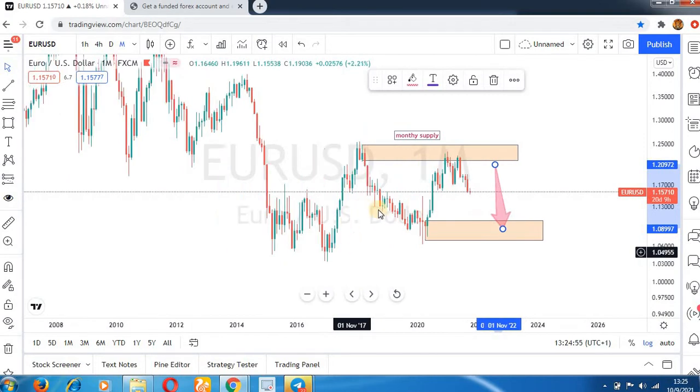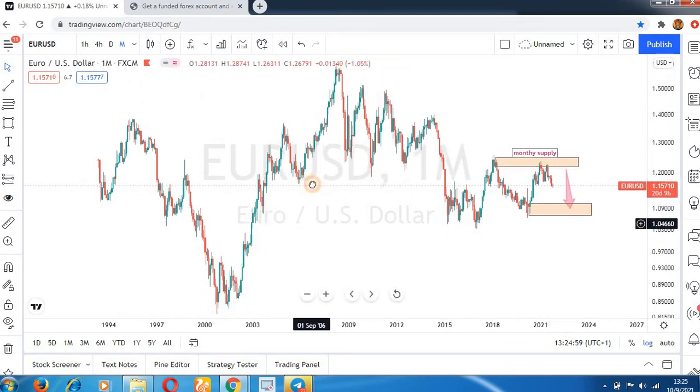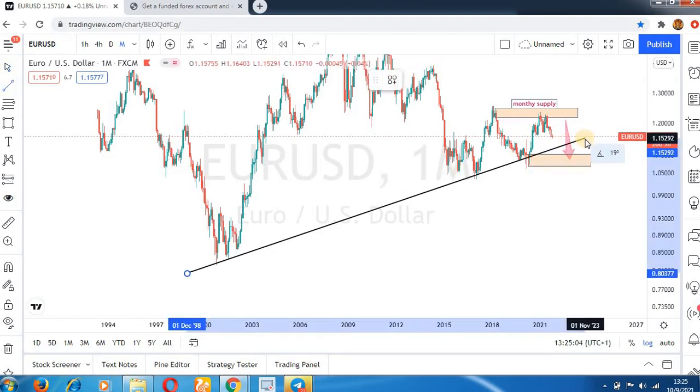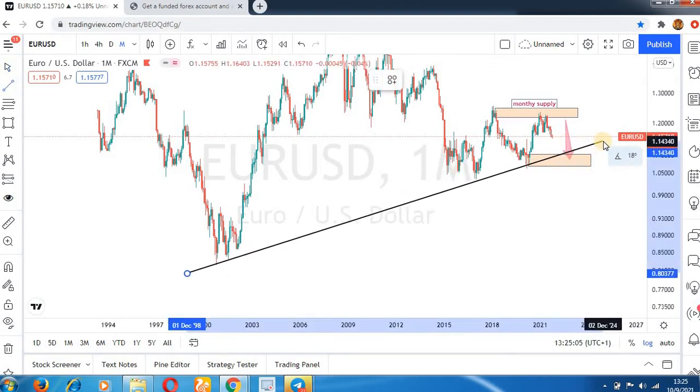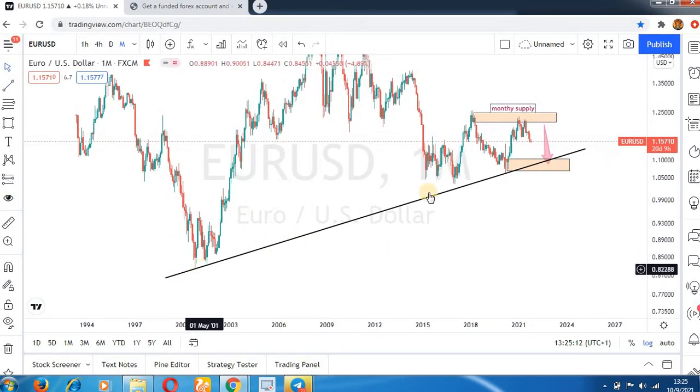Okay. Good. So now let's look at something. A retail trader will be looking at this point. Are you seeing this? Yeah. This is a trend line. It's a multi-year trend line.